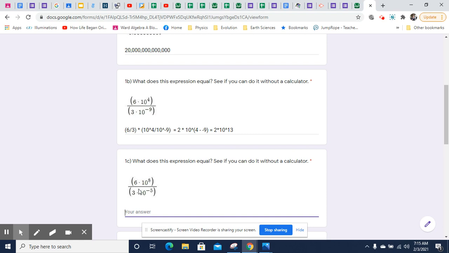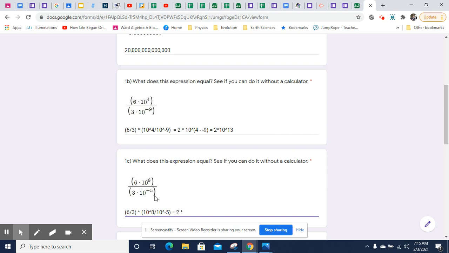All right, let's check this one out. We're going to do the same thing. We take the 6 and the 3, and we do that division separately. 6 divided by 3. And then we do 10 to the 8th divided by 10 to the negative 5th. Okay, and we can simplify that. 6 over 3 is still just 2.